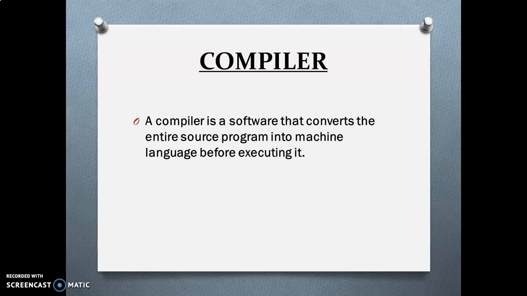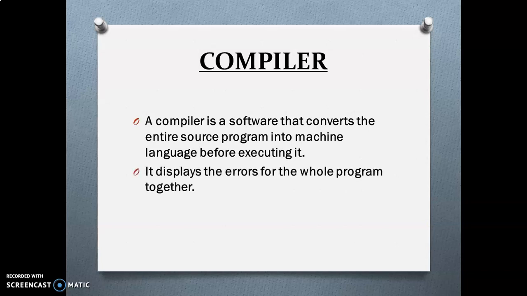Before executing, it means before the output, it actually converts the whole program in one go, not line by line. It displays the errors of the whole program together. It actually compiles the whole program, and if there is any error, any mistake, it will tell you at the end, before the execution.